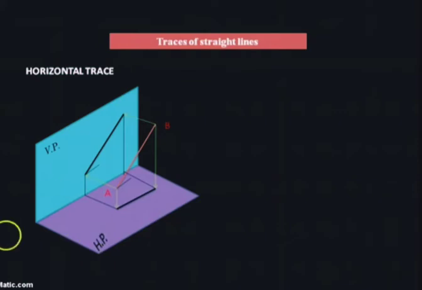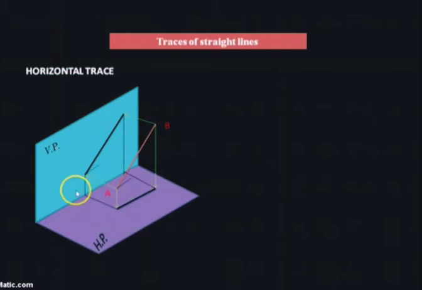After giving a certain position to the straight line in a particular quadrant, when we extend this straight line and it intersects either of the two principal planes, that intersecting point is called a trace. When the extended straight line intersects the horizontal plane, we call the point the horizontal trace. If the intersection takes place with the vertical plane, that point is called the vertical trace.